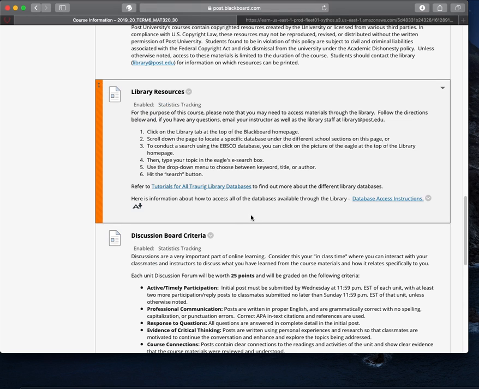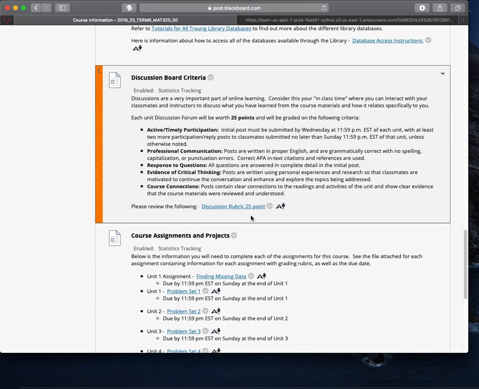The discussion board criteria: since the university has been moving to these new discussion board rubrics, you might have seen this one before, depending which classes you've taken. But the one we'll be using for this course is the 25-point rubric. This one has the active and timely participation, professional communication, response to questions, evidence of critical thinking, and course connections.